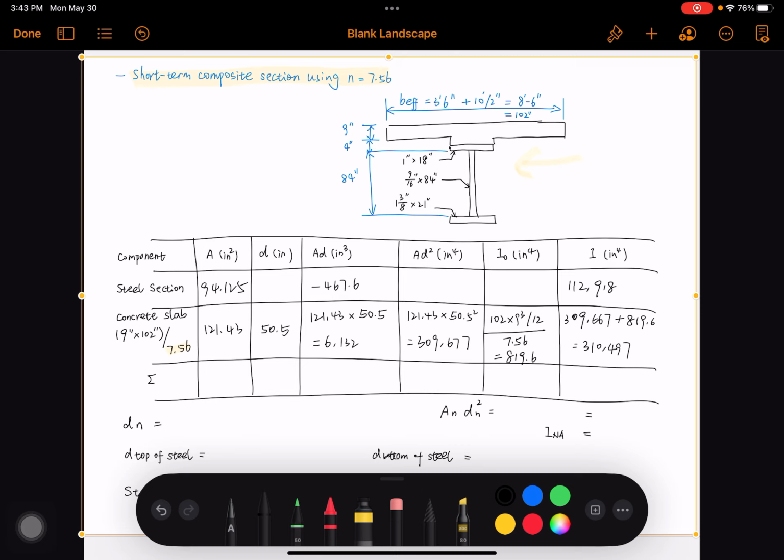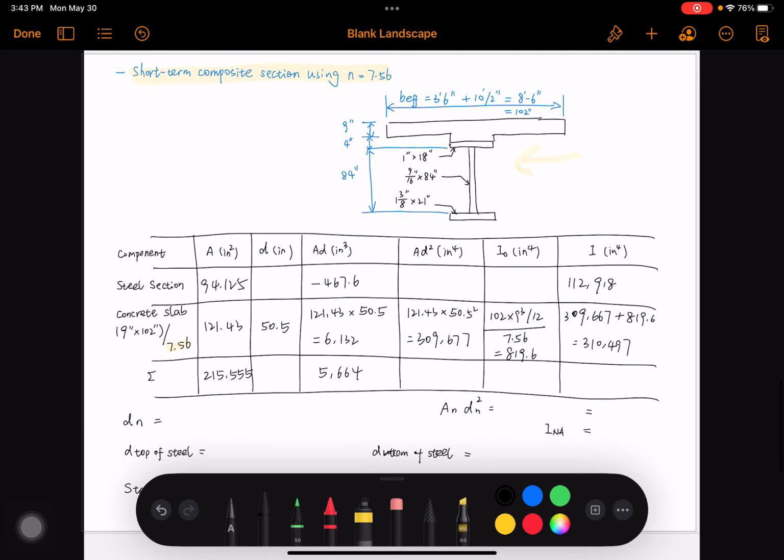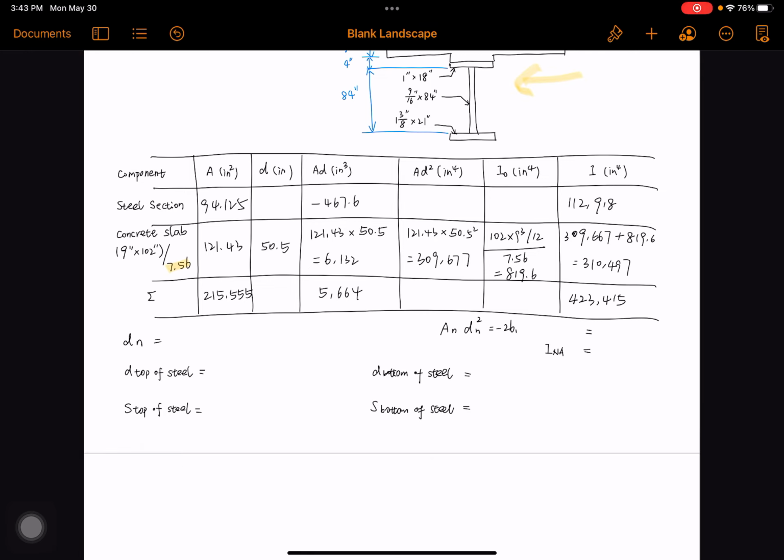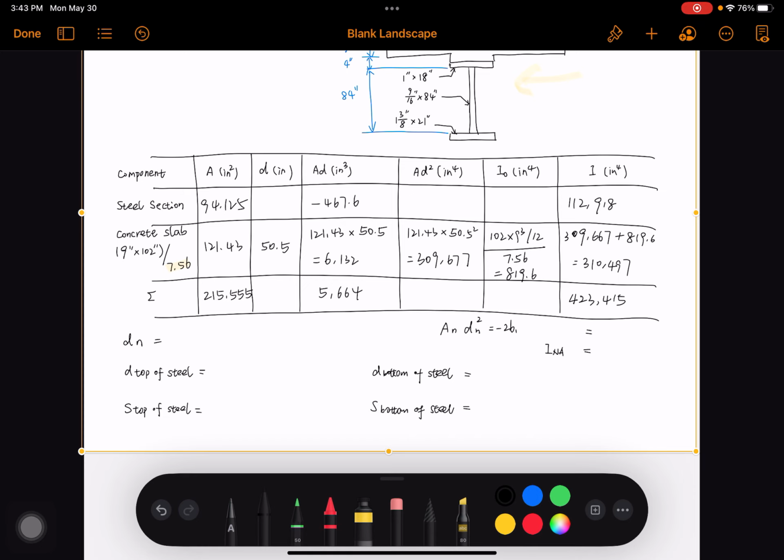The summation of the total area is 215.555. Summation of AD is 5,664. The summation of I is 423,415. And AN DN square is negative 26.28 times 5,664.